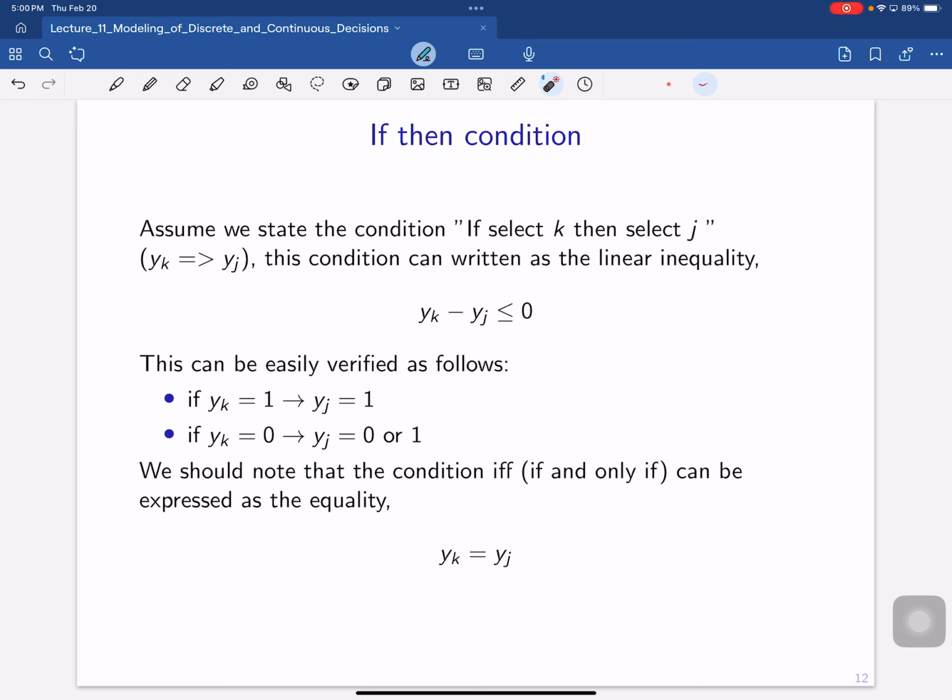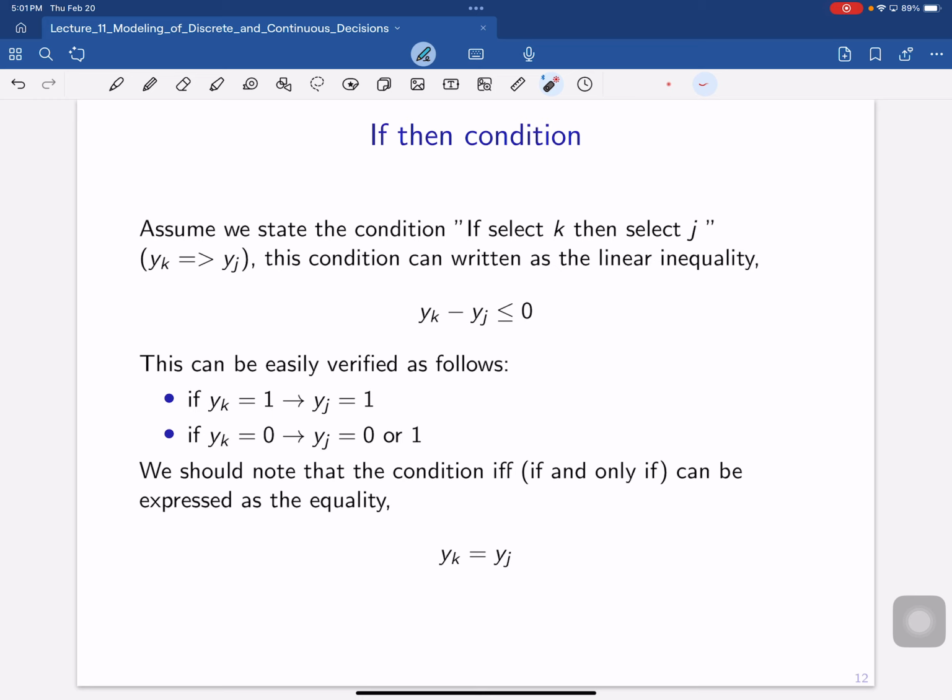If you select k, then select j. This condition can be written as the linear inequality constraint y_k minus y_j less than or equal to 0. This is easily verified: when y_k equals 1, it forces y_j equals 1. When y_k equals 1, I'm selecting k, so y_j has to be selected.